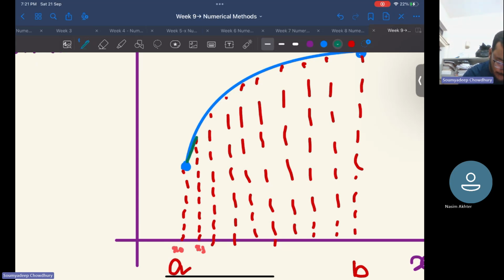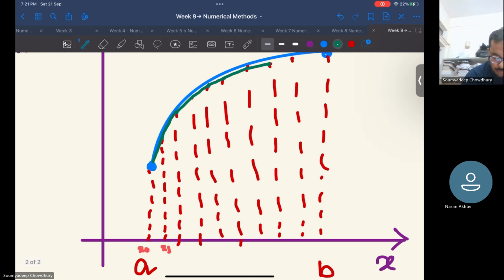Similarly, between x1 and x2 also, we approximate the function by a linear one. Like this, we assume discrete linear functions.